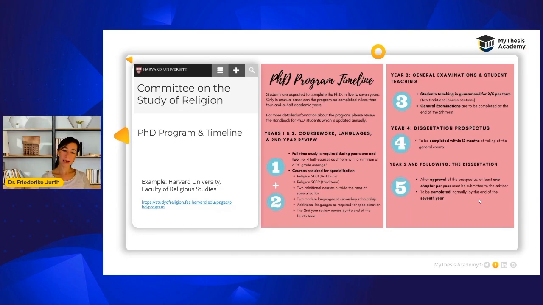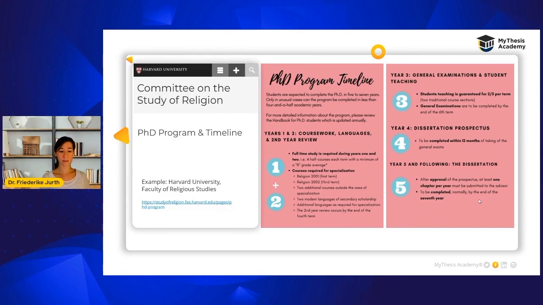What do they require? First, they require a full-time study during the first and the second year, where you have to attend some specific courses within your qualification and your special field of interest.